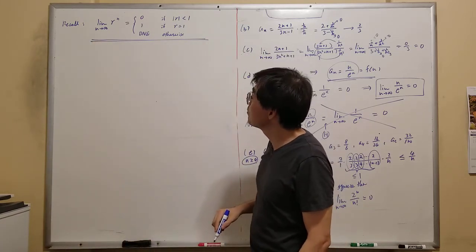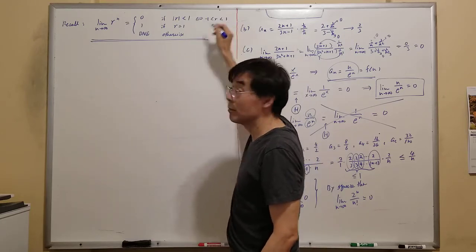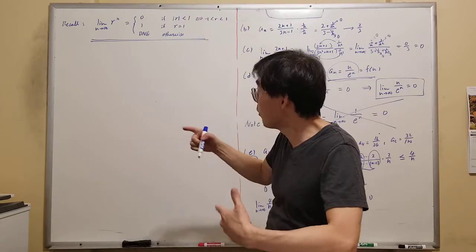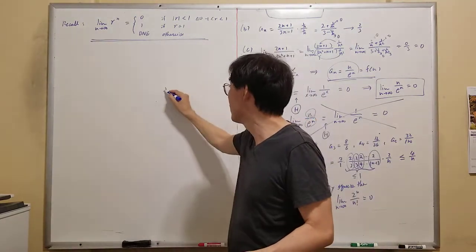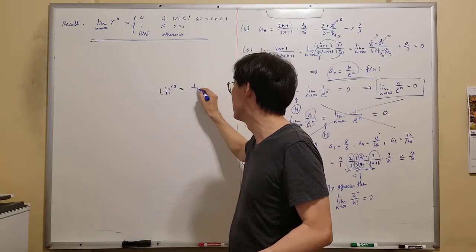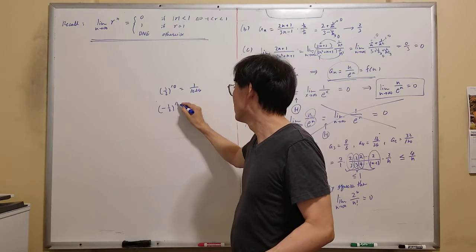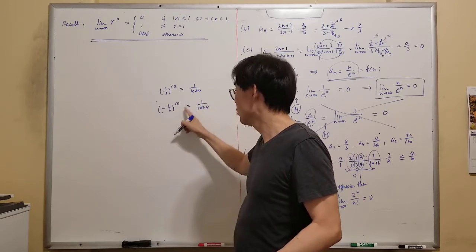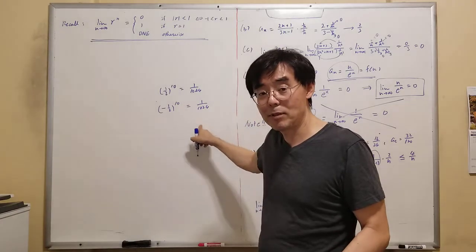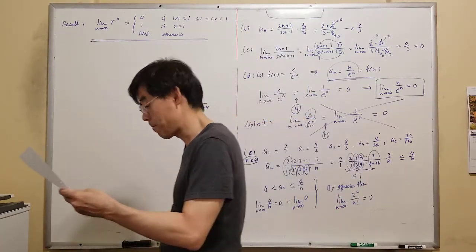If your base is between -1 and 1, the higher the power, the smaller it gets, closer to 0, like 1/2 to the 10th power, right? Or -1/2 to the 11th power will be negative, but absolutely even closer to 0. So it's going to 0, right?